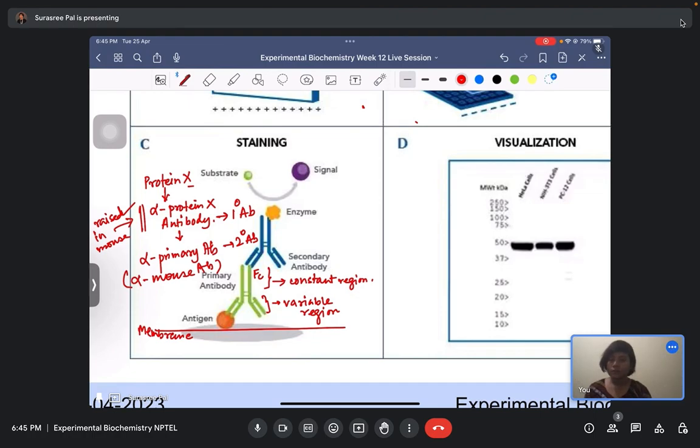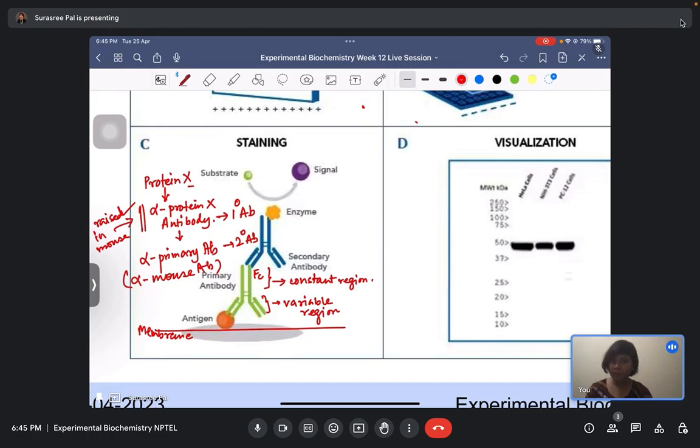So which is why we do not have to specifically label all primary antibodies with enzyme, which becomes very expensive. So that is the first point, why we use a secondary antibody which is fixed and which can recognize the Fc region of our primary antibody. And also we use a secondary antibody because it amplifies the signal.